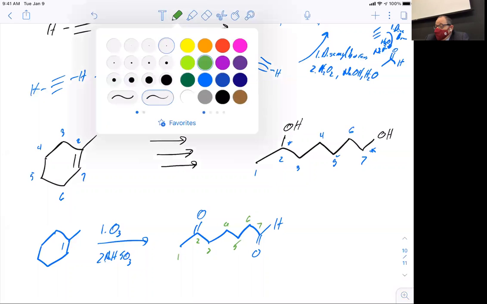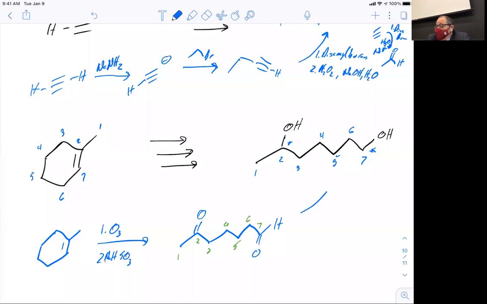How do we go from an aldehyde and a ketone to alcohols? Well, we can do a reduction with sodium borohydride and an alcohol. So sodium borohydride, clean that up.